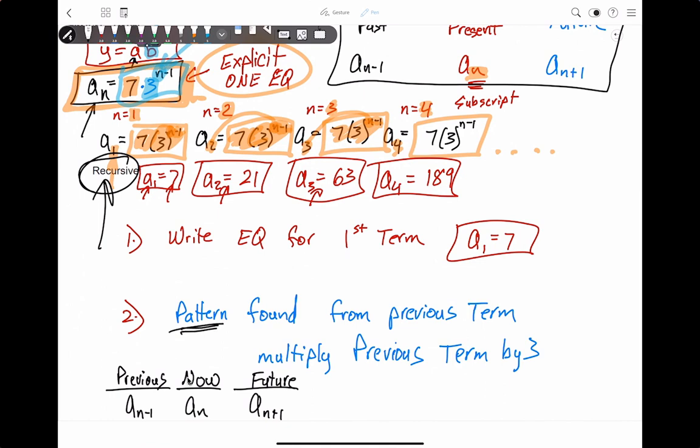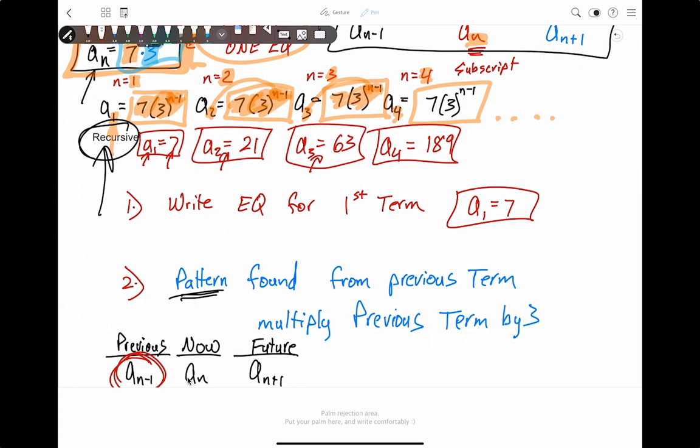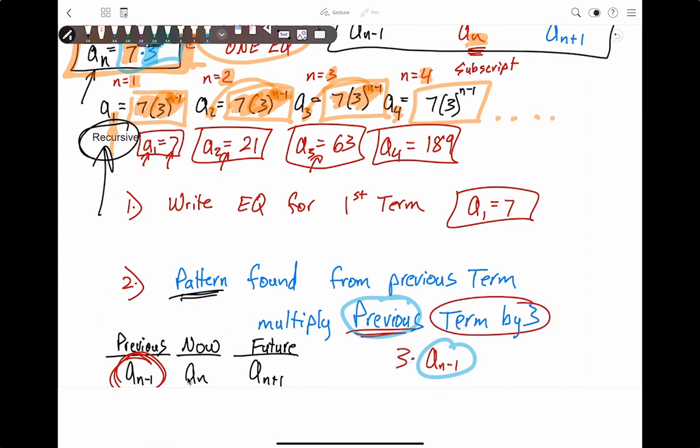Okay, so I'm multiplying each previous term by 3. So let's see what a previous term is going to look like. Well, it's going to be a sub n minus 1. This means a previous term. So if I were to highlight this, that's the previous term. And if I multiply by 3, I'm simply going to say 3 times that. And what that will give me is the new term. It'll give me the now term, okay?